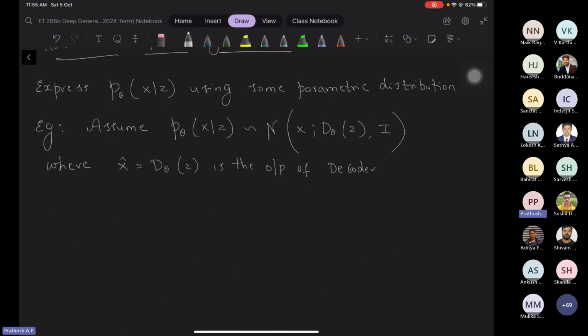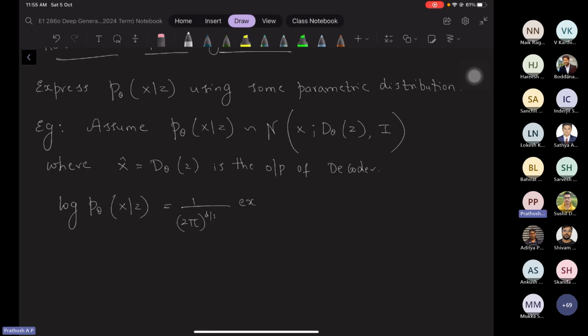So in this case, let's see what happens to log of p theta of x given z. What is this equal to? This is equal to that term, 1 by 2 pi to the power d by 2, sigma inverse. It is identity, it will go away.